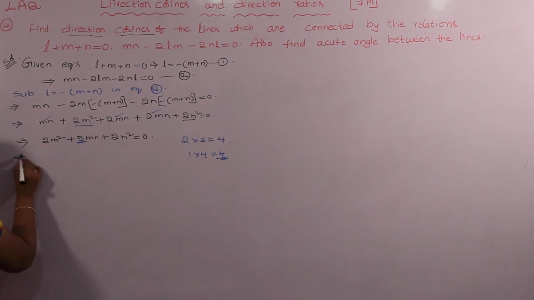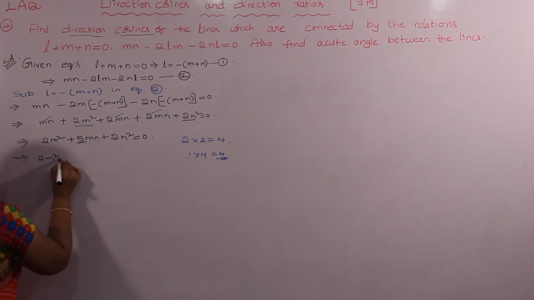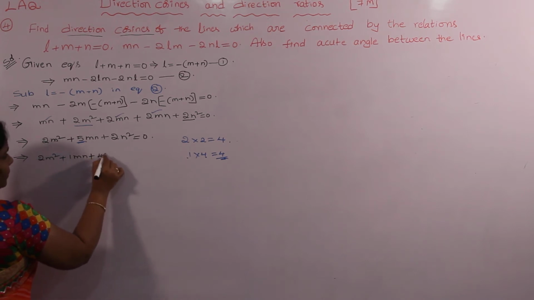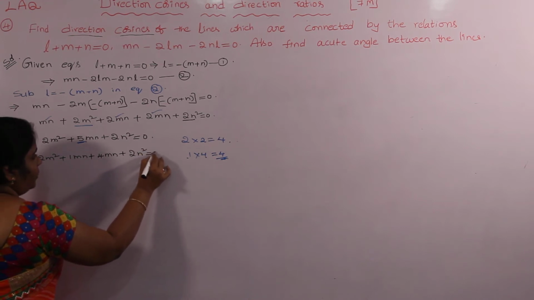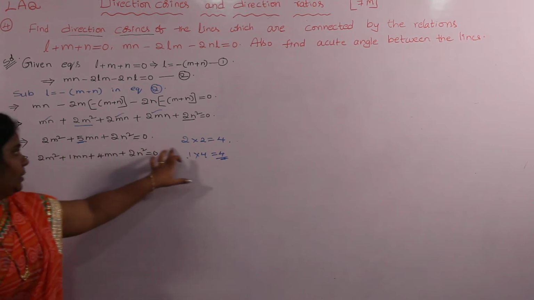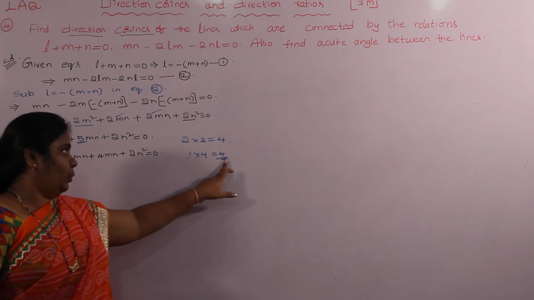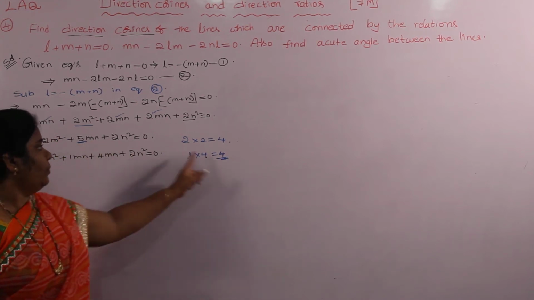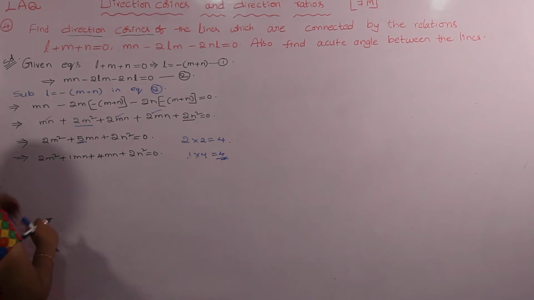That implies 2m square plus 1mn plus 4mn plus 2n square equal to 0.